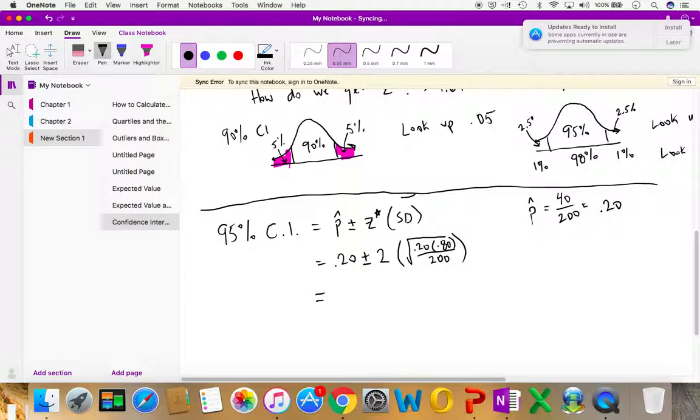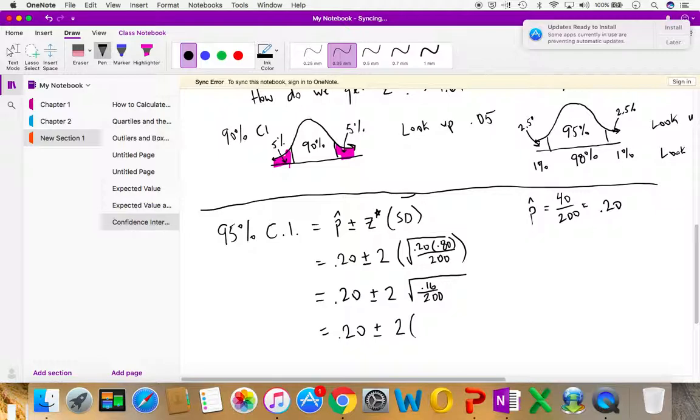So we're going to have 0.20 plus or minus 2 times the square root, and I'm just going to break this thing down a little bit. So it's going to be 0.16 divided by 200. All I did was multiply 0.2 times 0.8. So we're looking at 0.2 plus or minus 2. Now let's take care of this decimal inside.